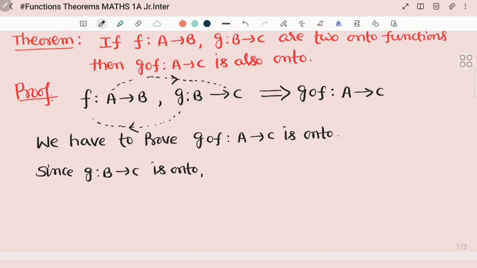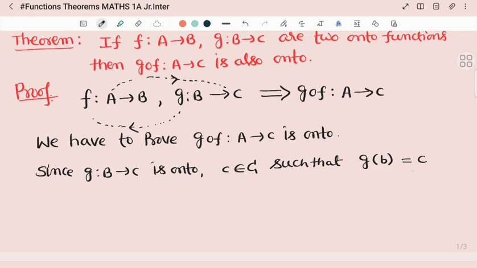So, for every element of C, c belongs to capital C, there exists b belongs to capital B such that, simple way I am writing, g of b is equal to c. Okay, dear students.